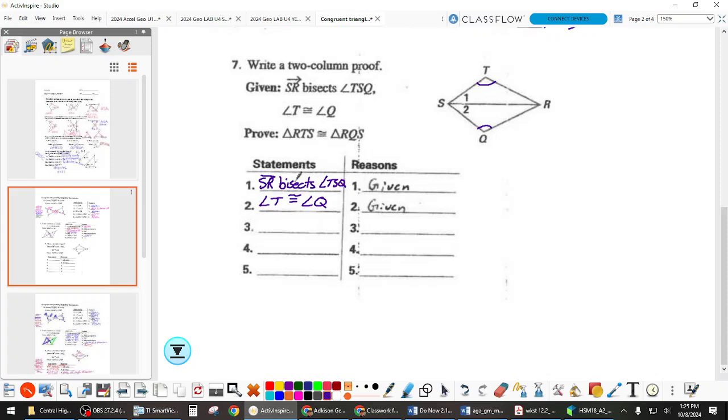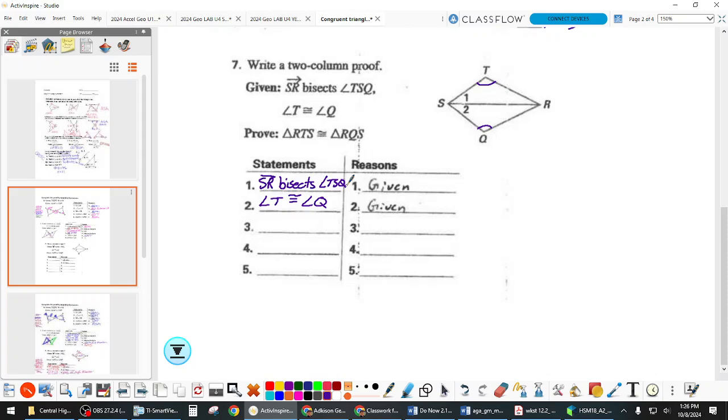This doesn't really have a marking, does it? But what is the implication of that statement? What is? Not two triangles. What is? Split in half.